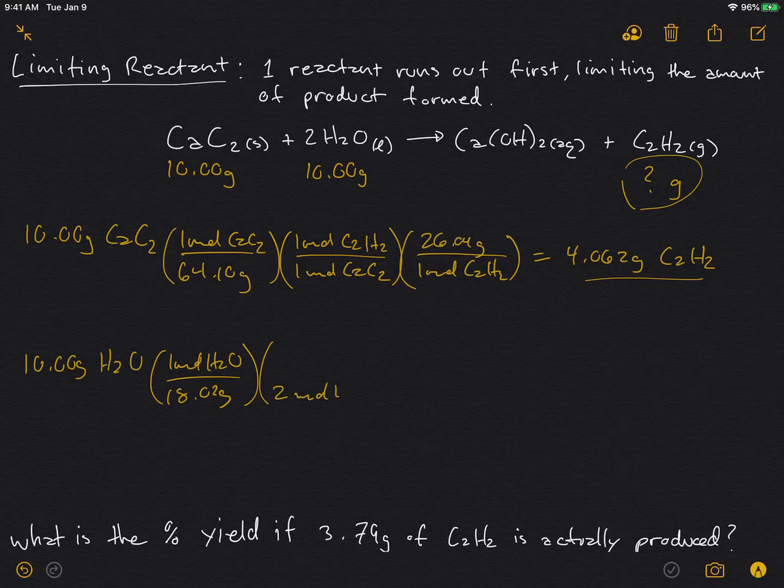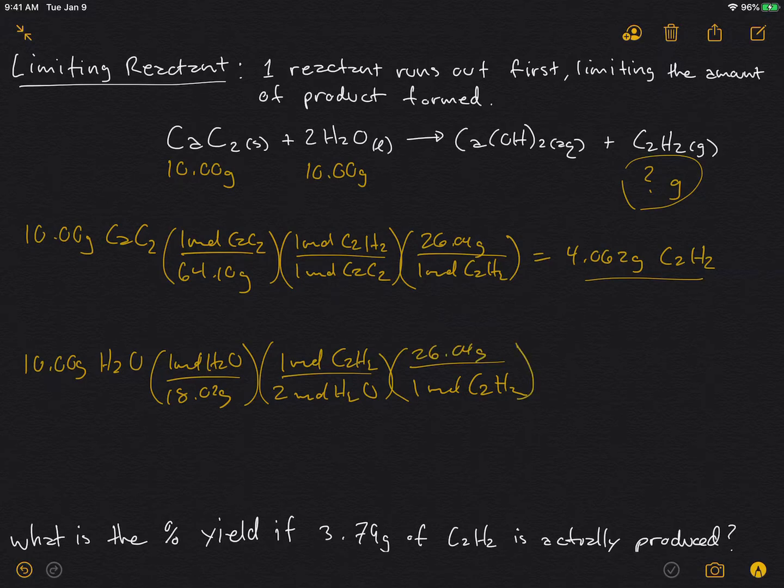So 2 moles of water form 1 mole of acetylene. And then the last conversion factor is the same. In both, we're just multiplying by the molar mass of acetylene. So starting with 10 grams of water, we can make 7.225 grams of acetylene.